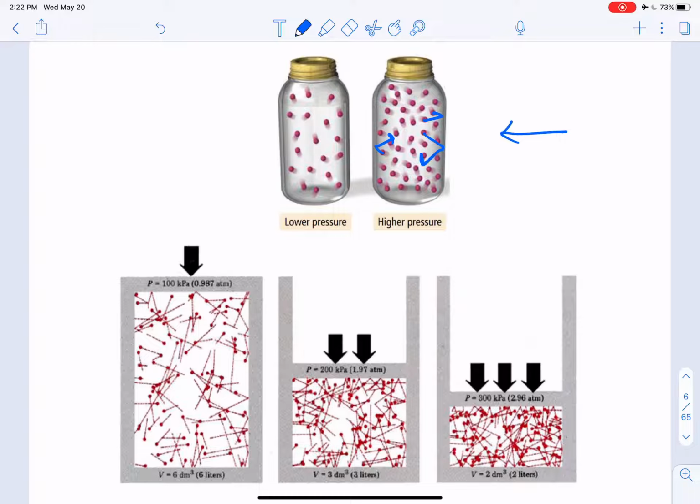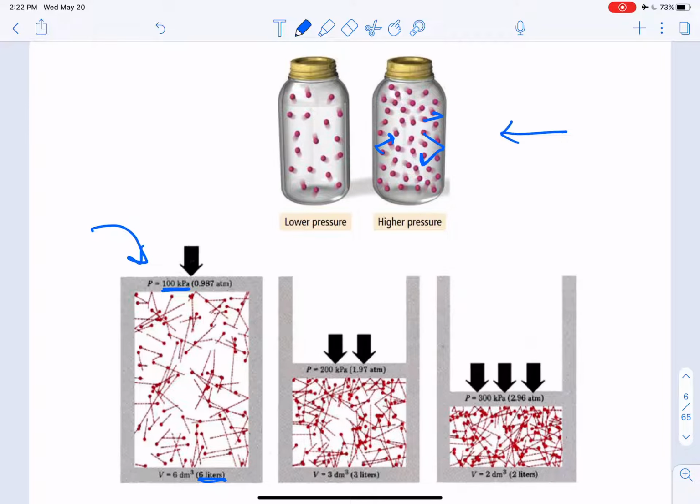The other thing you can do besides adding more gas molecules to a container is to decrease the volume. So if we look at this example right here, it says that the pressure inside this container is 100 kilopascals and the volume is 6 liters.